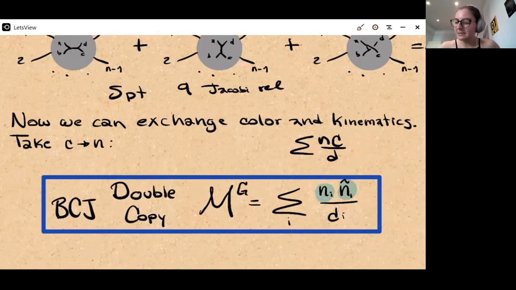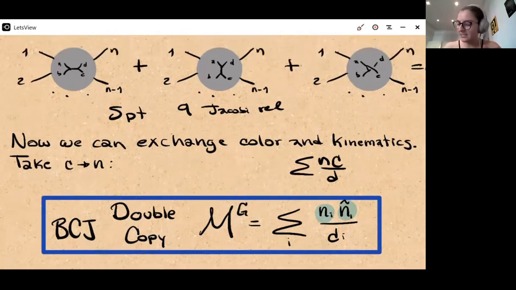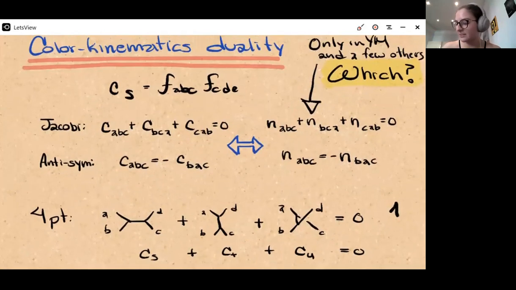The thing is, there are different little pieces for the double copy. One is having color-kinematics duality, in the sense of having this algebra for the scattering amplitudes. The other one is having the BCJ relations that I showed before, and those two are actually equivalent, at least for a theory in the adjoint representation.